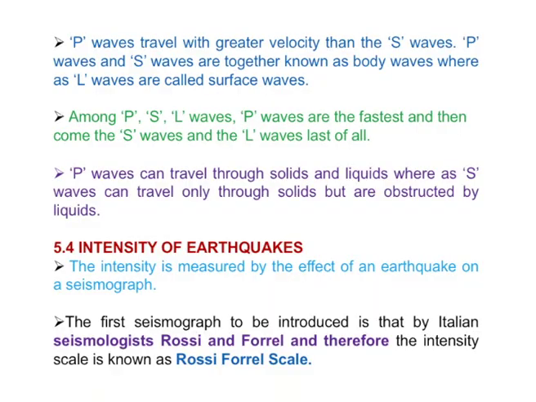Then L waves move very slowly, and along the surface, horizontally they move. So these waves are called the surface waves. Among P, S and L waves, the P waves are the fastest compared to the previous two.